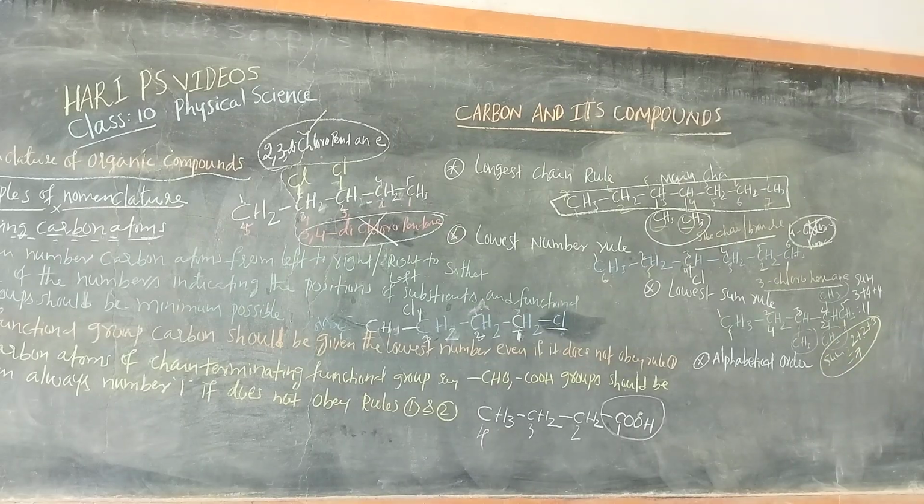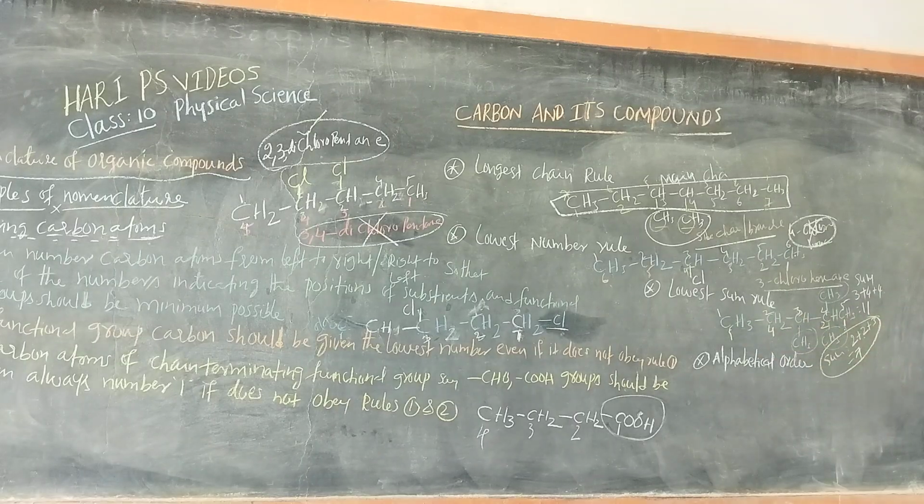So we have to give the number from right to left, because when you number from right to left the lowest sum rule is obeyed. The sum is 7 from right to left, and 11 from left to right.